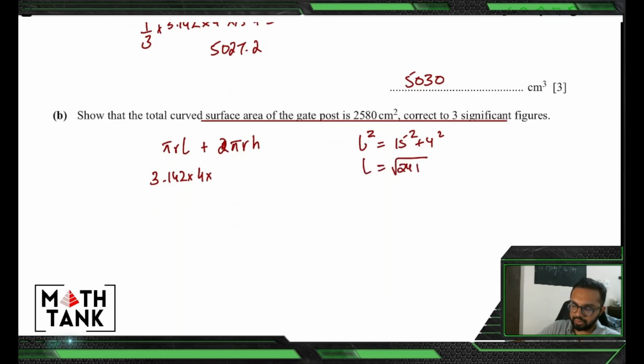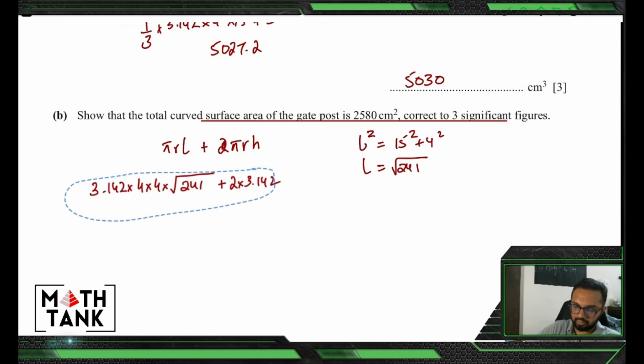Okay, so pi r L plus 2 pi r h. I've written two fours, I don't know why.